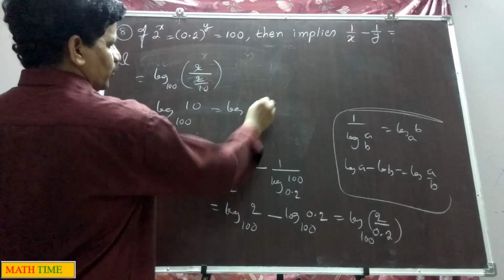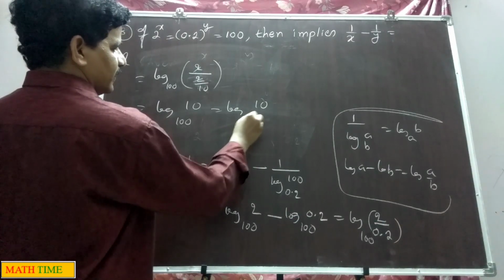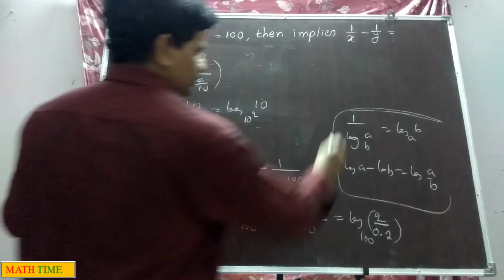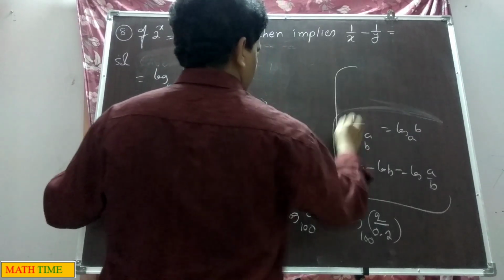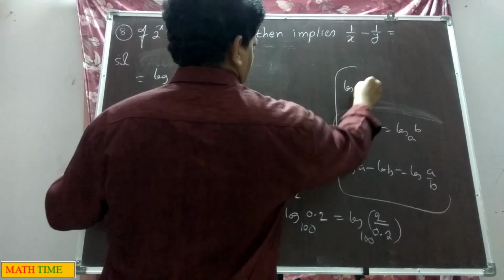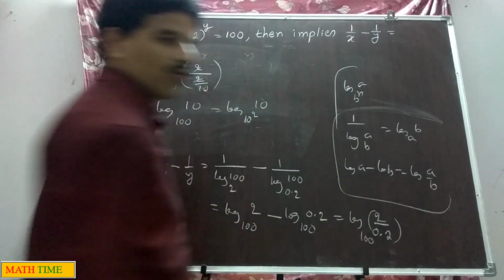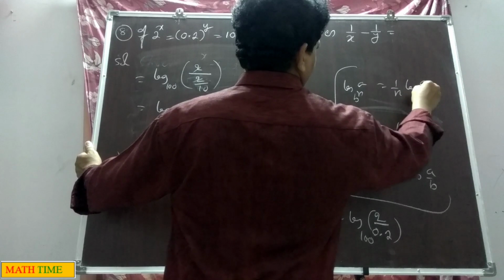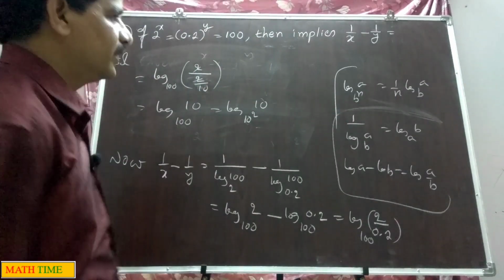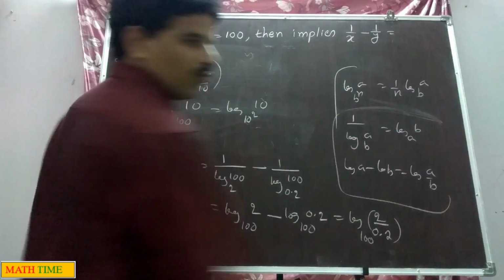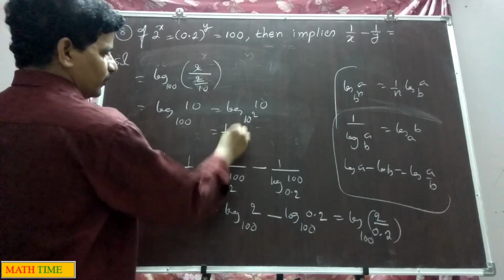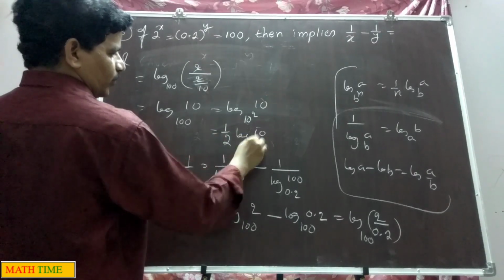Therefore log 10 to the base 10 square. We have one more formula to apply here. Log a to the base b power n can be written as 1 by n log a to the base b. This n becomes 1 by n. Similarly this 2 becomes 1 by 2 log 10 to the base 10.